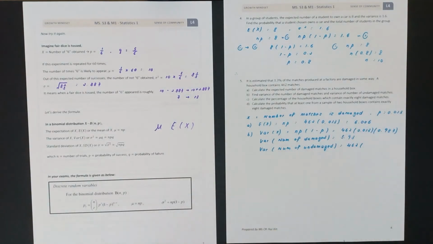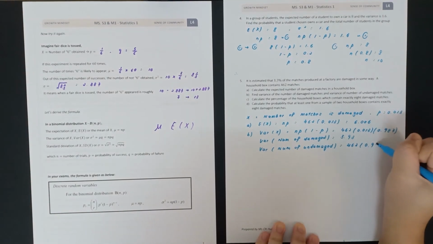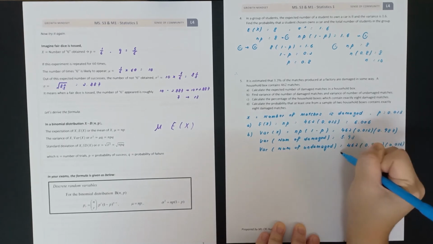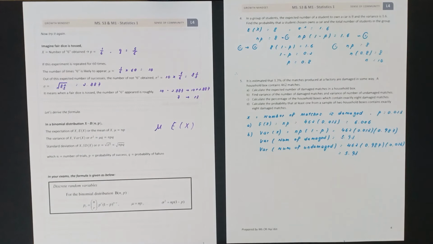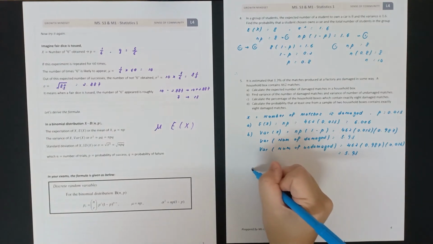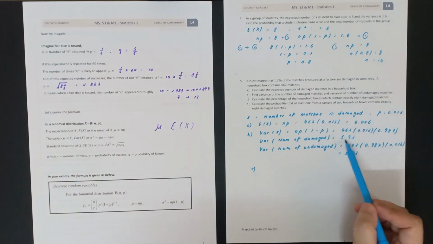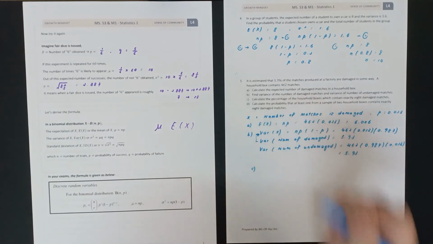Now you switch your 1 minus P and P because you want to find the undamaged, so it's basically the same thing. Alright, okay, so move on to C. I'm sorry, this is of course not a good way to write it, so if you can, try to change it up here.